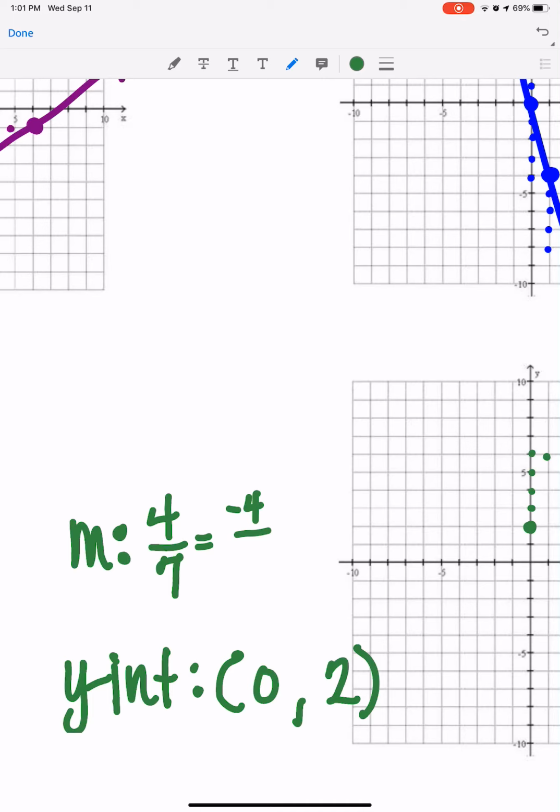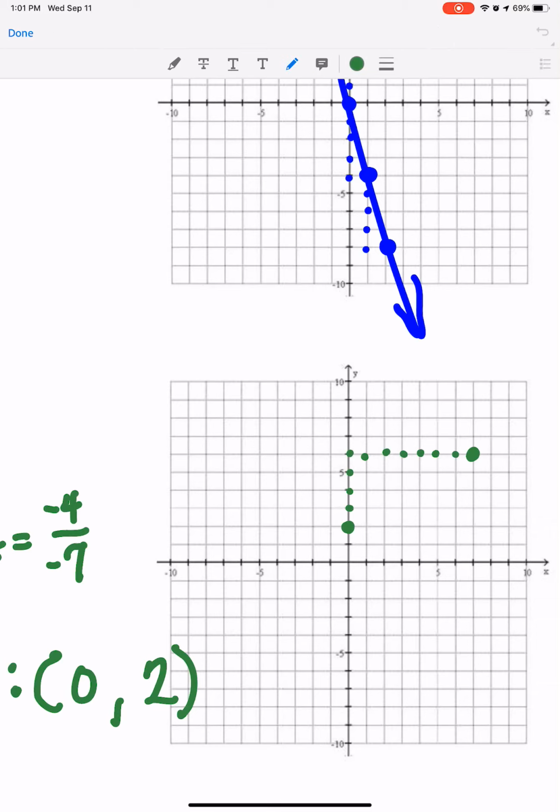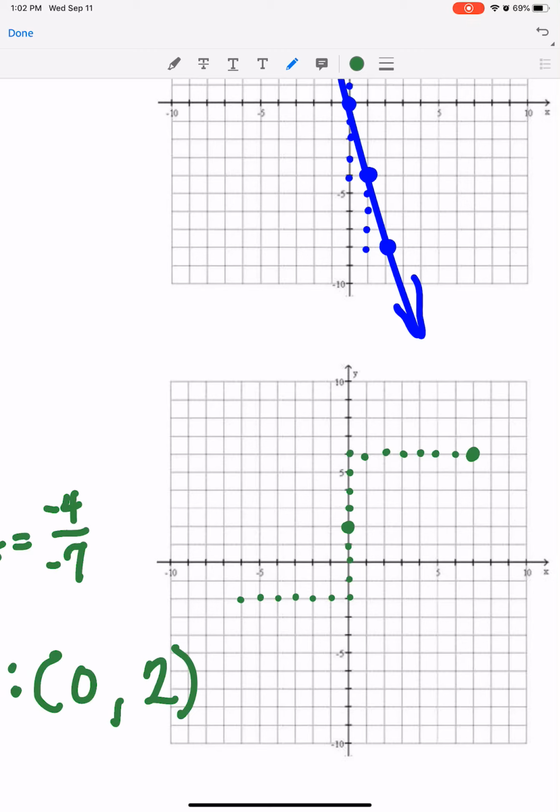Negative over negative equals positive. So now, from my original point here, I can go negative 4 down and run a negative 7. So I'm going to go down 1, 2, 3, 4, run 1, 2, 3, 4, 5, 6, 7.